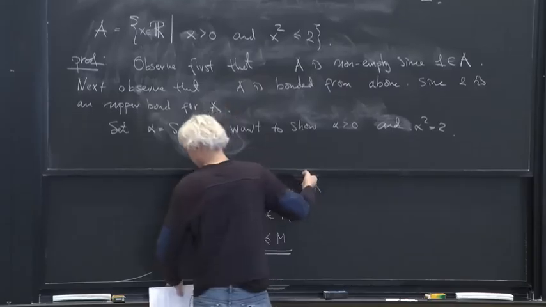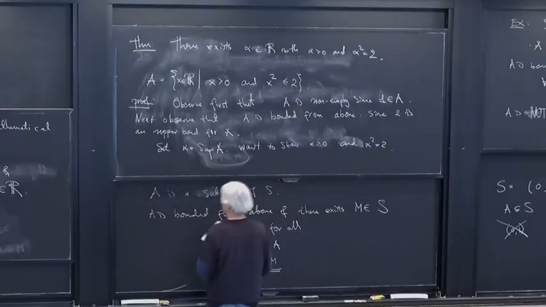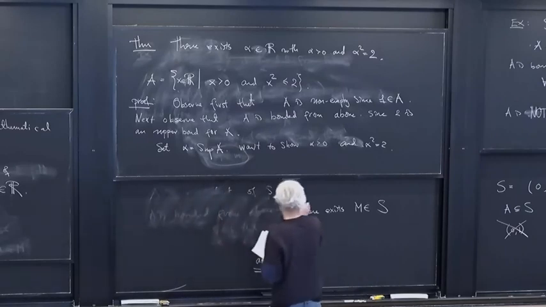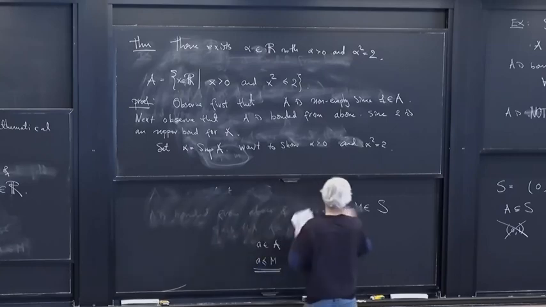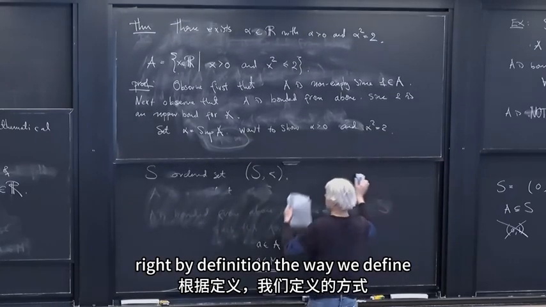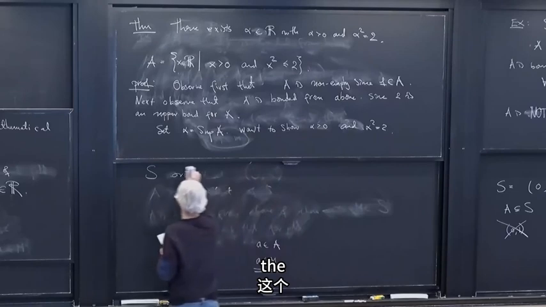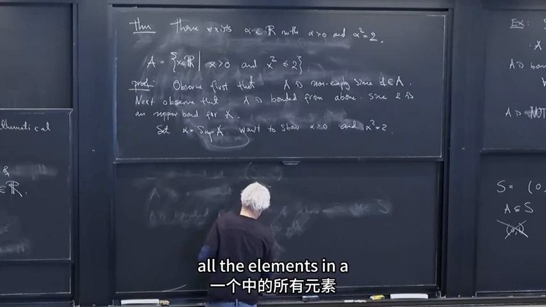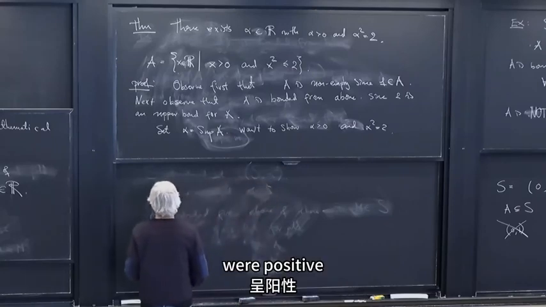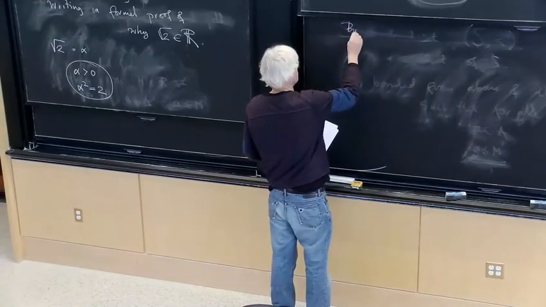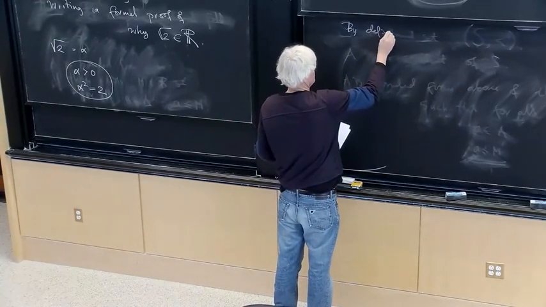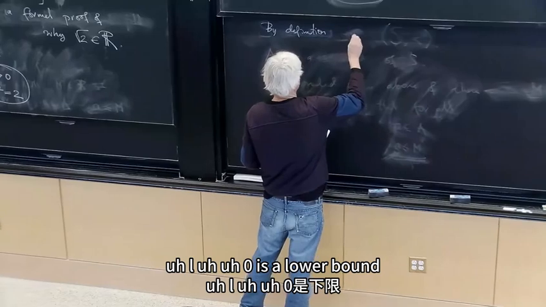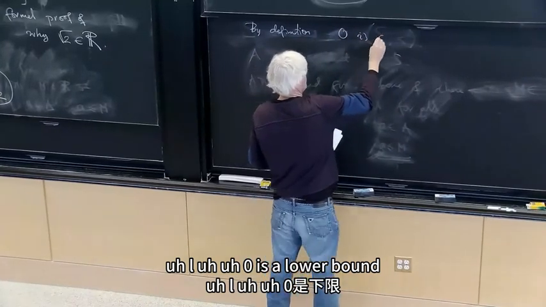Well, right, by definition, the way we defined A, all the elements in A were positive. So by definition, 0 is a lower bound.